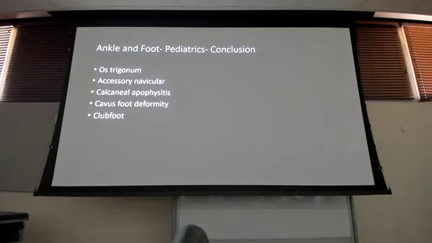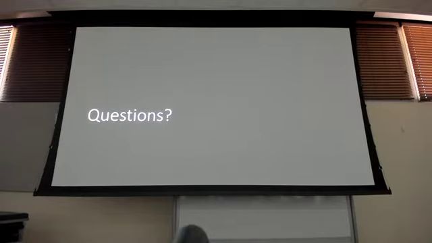So, big things on here, just looking at classic vignettes, because a lot of these are going to be classic vignettes, especially on the pants and on your testing. So, adolescent ballet dancer with posterior ankle pain, you want to think about os trigonum. If it's a 14-year-old with medial foot pain and a bump on there, pain with inversion, then we want to x-ray and look for that accessory navicular.